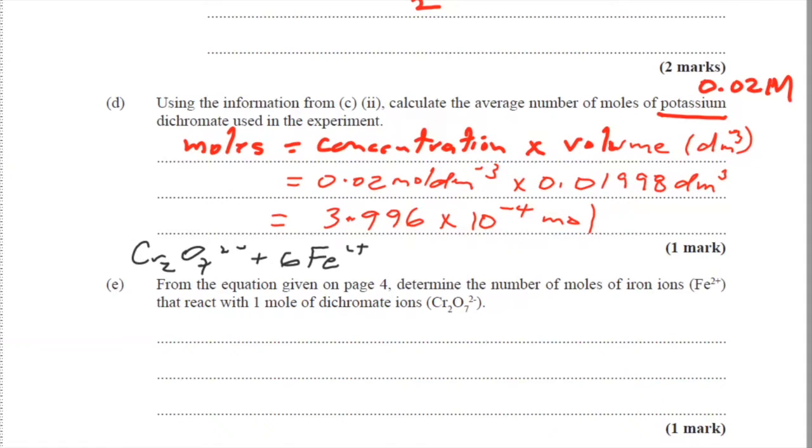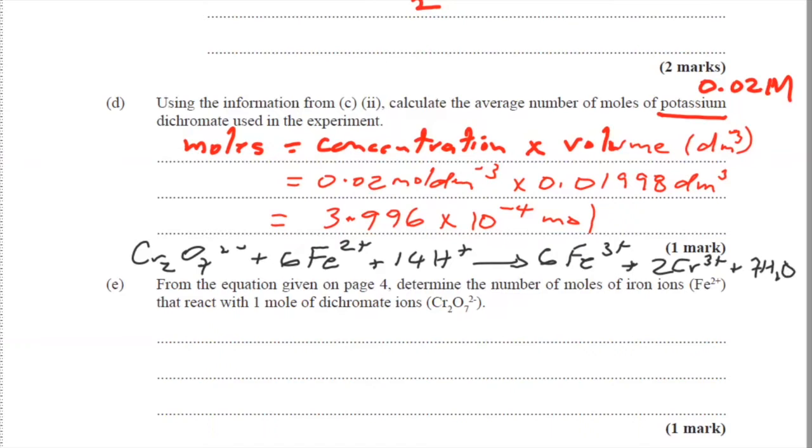We could pretty much stop there because the answer is there. Let's fix that. So that's 6Fe2+ plus 14H+ to give 6Fe3+ plus 2Cr3+ and 7 water.